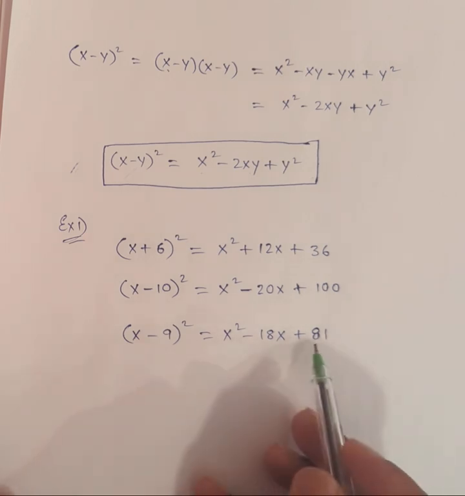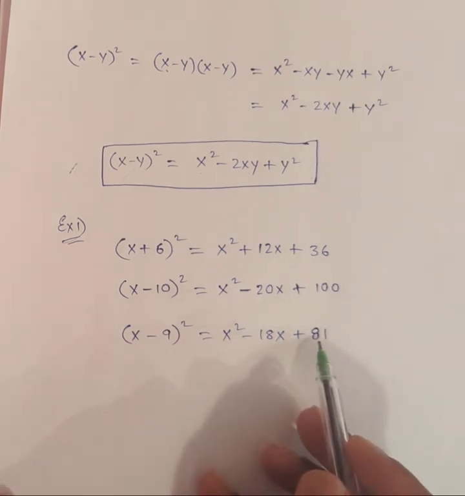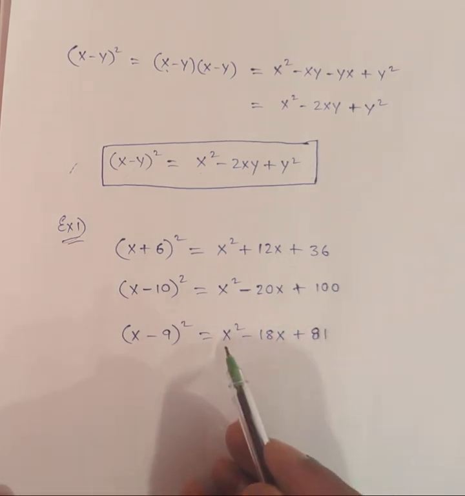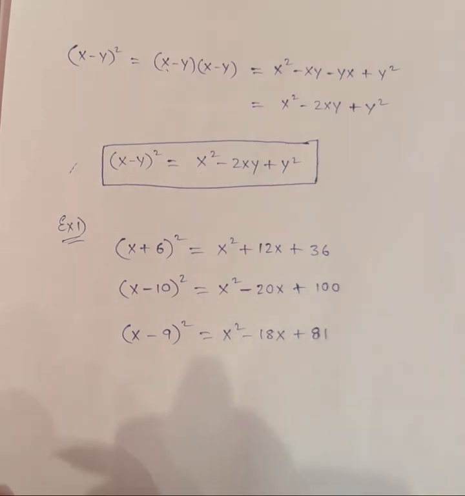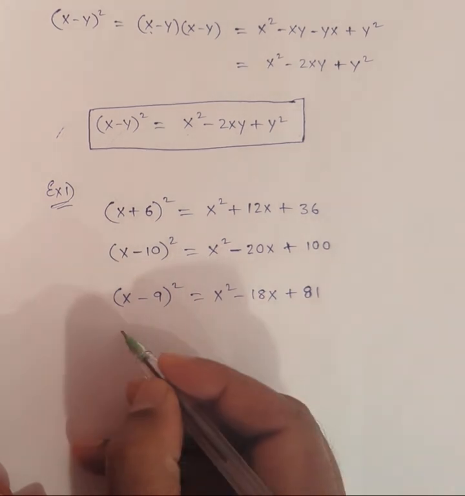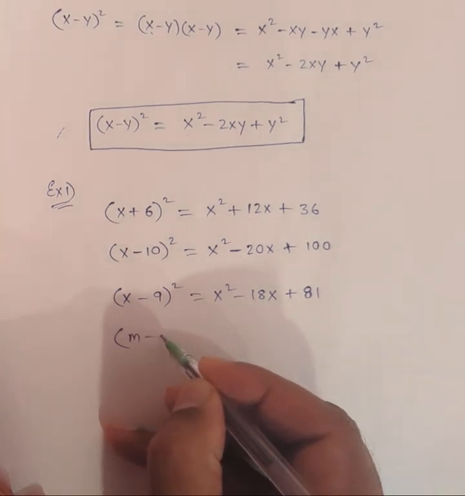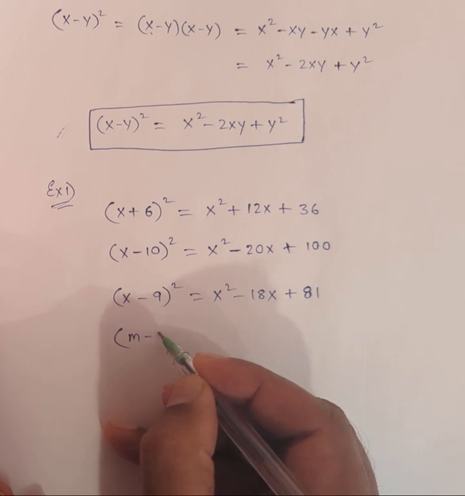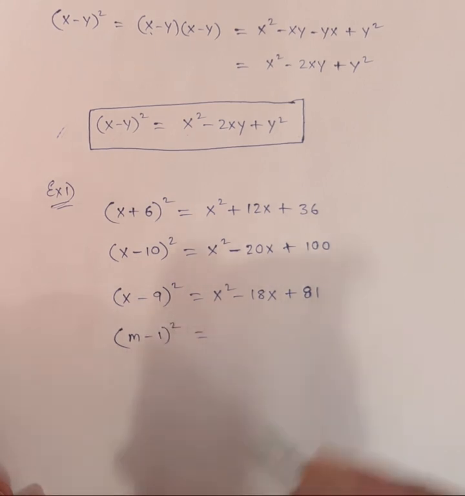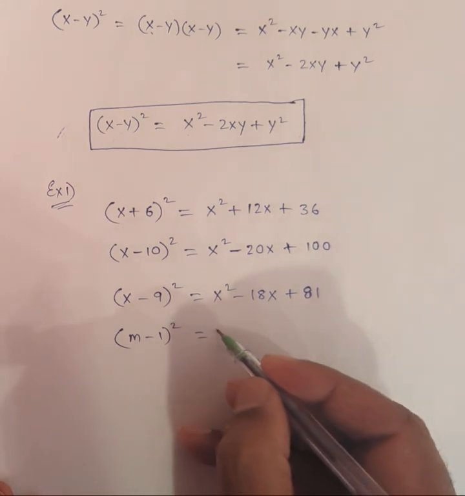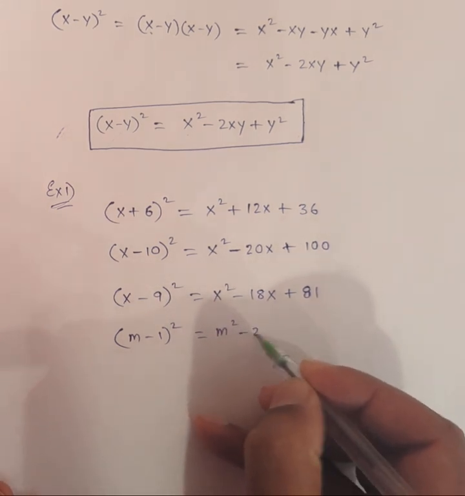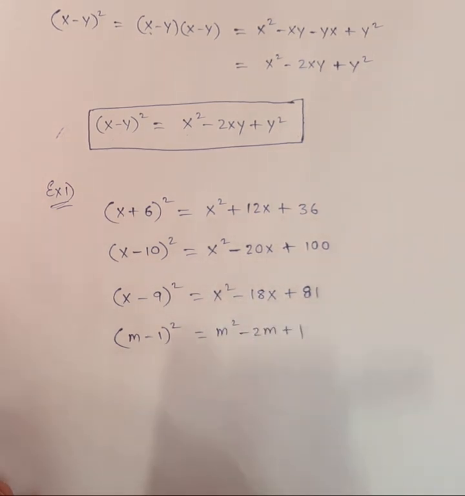The first and the third terms, they are always going to be pluses because they are squares. And whenever you square something, it turns into positive, right? Awesome. m minus 1 quantity square. So this time it's m square minus 2m plus 1.